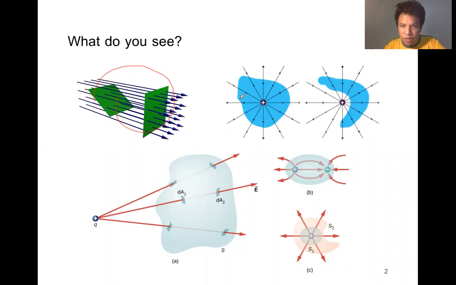If I say that these blue regions are the closed surfaces, we try to define the flux as the electric field times the surface area. So electric flux in this case would be different from this case. And we are going to learn about how significant it is to define the closed surface.